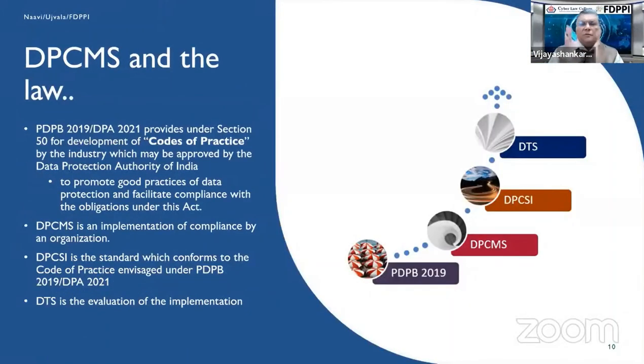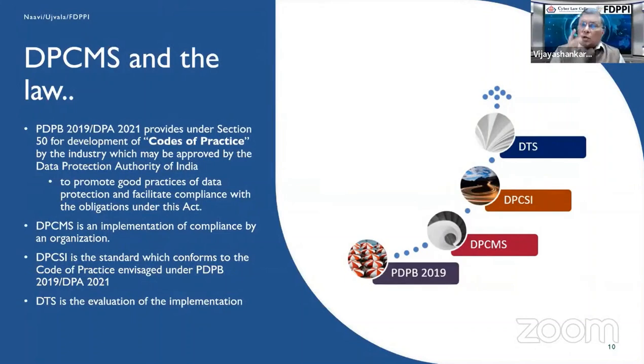Now you can ask me, why are we introducing a concept called data protection compliance management system, while we already have ISMS, PIMS, or whatever it is. Now, this DPA 2021 has one section called Section 50, which provides codes of practice.